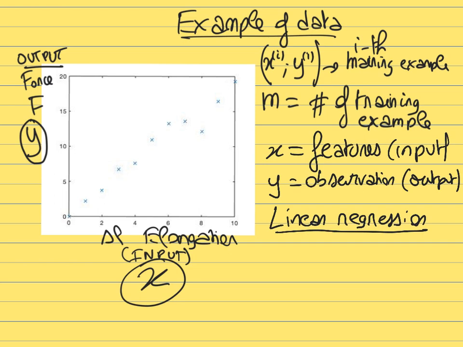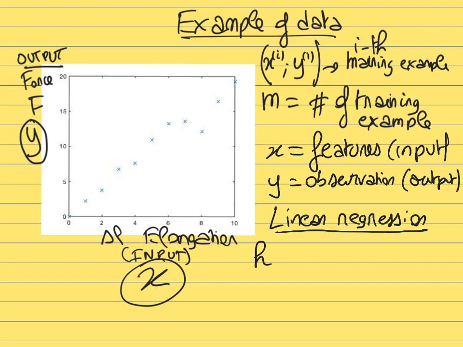The way you are going to describe the relationship between the output and the input is that you are going to make a hypothesis H as what you assume the output of the model will be.